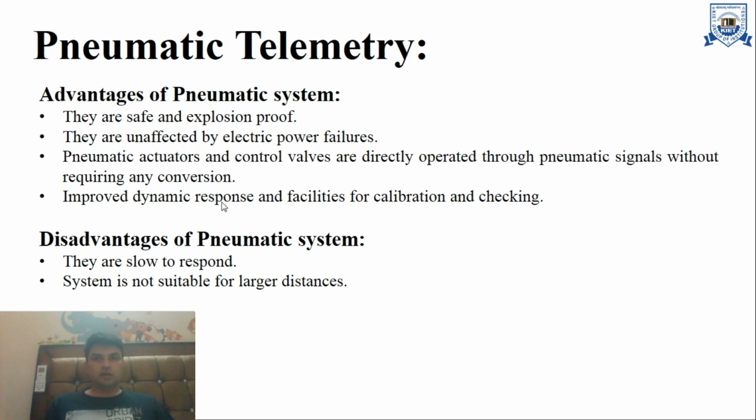Improved dynamic response and facilities for calibration and checking are available in pneumatic telemetry systems. There are some disadvantages. They are slow to respond. The system is not suitable for large distances, and leakage cannot be detected in this type of system because the operating fluid is air. So this is the pneumatic part.